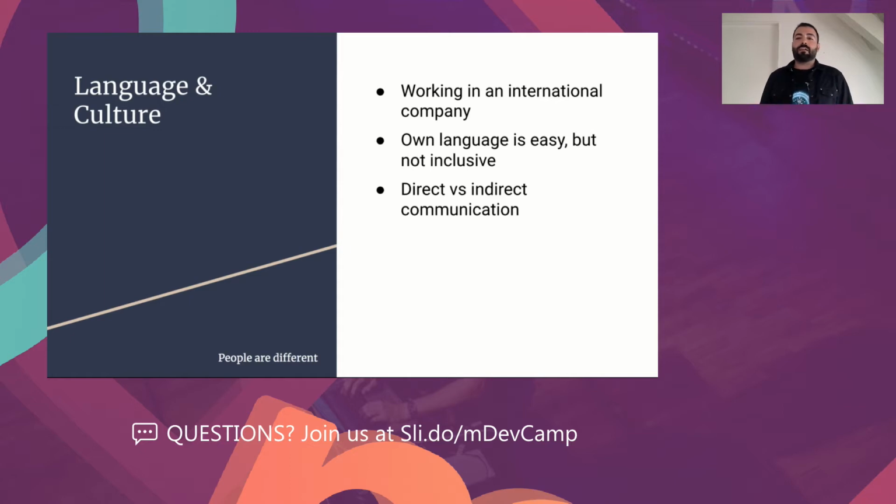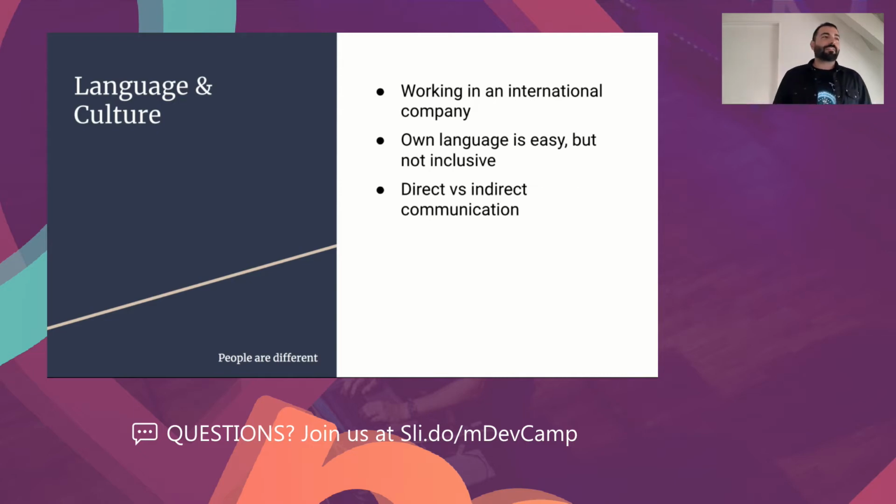I can say, hey, I disagree with you because of these reasons. Or I can say, yeah, great idea, but how about if we would consider this aspect as well, right? Both are saying the same thing. Both somewhat disagree and want to propose a different solution. It's just that the way they communicate is different.